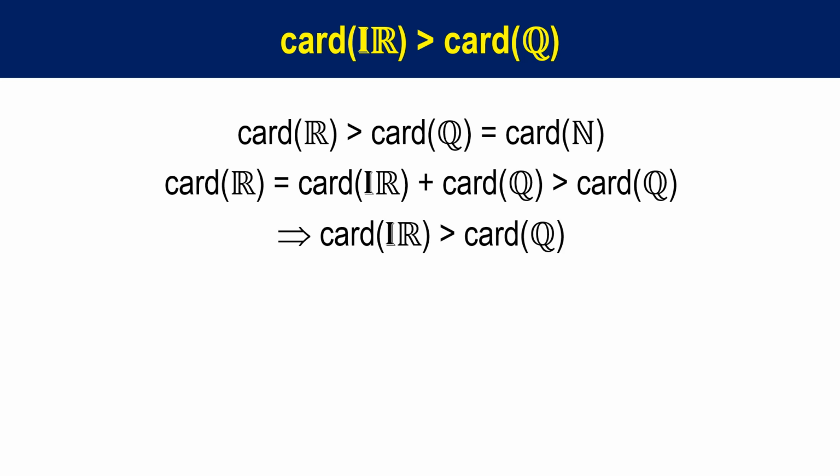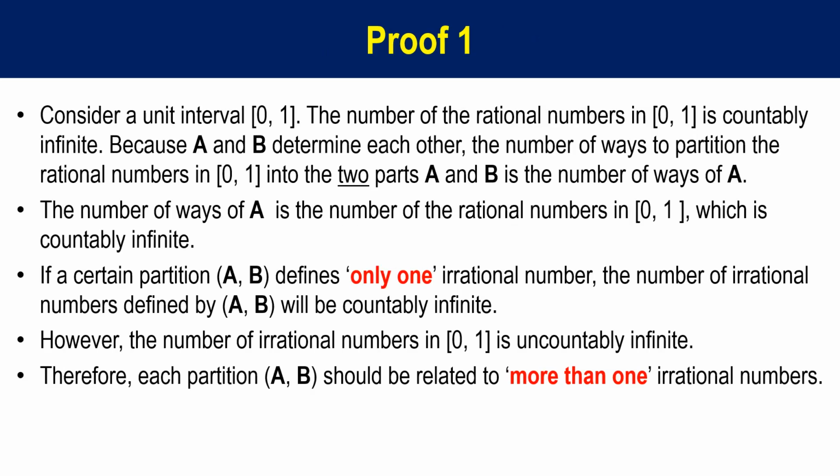If the set of irrational numbers were countable, then, because the union of two countable sets is countable, cardinality of real numbers would be countable. Therefore, cardinality of irrational numbers is uncountable. Therefore, each partition A and B should be related to more than one irrational number.